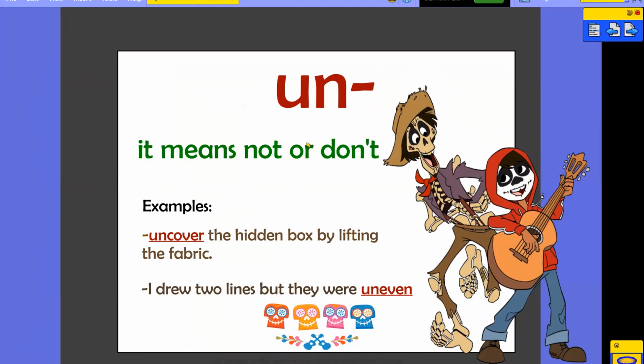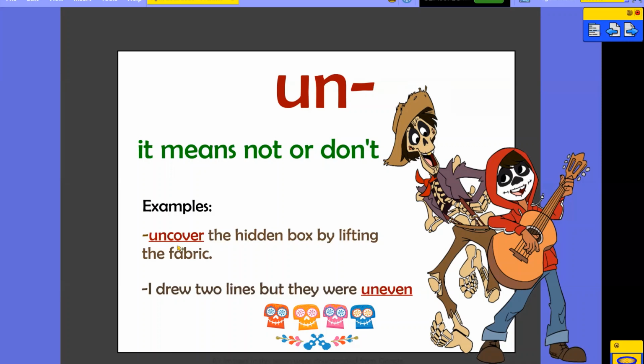Un means not or don't. Let's see. For an example, if I say, uncover the hidden box by lifting the fabric, what do I mean? I mean, don't cover the hidden box by lifting the fabric. It means like, do not cover it or lift the fabric to not cover the box, okay?